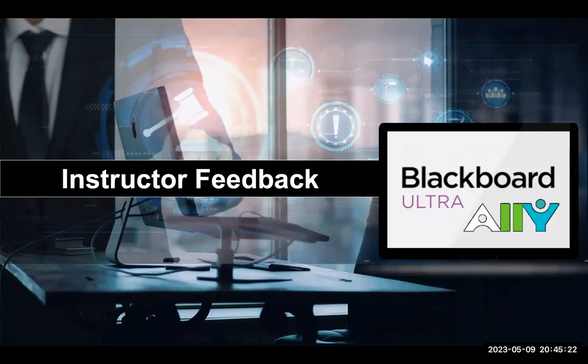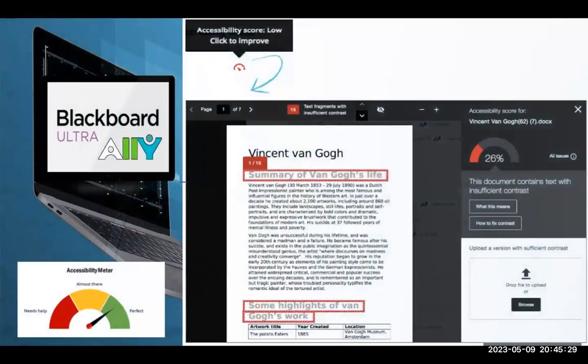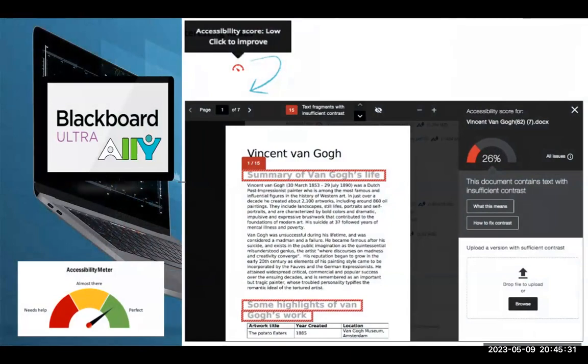Green 100% content accessibility is there, and you don't need to do any more improvement. So by selecting the accessibility score to open the instructor feedback, you can follow the steps in front of you that are available. We already discussed that one. And by addressing all the issues at the end, you can fix everything.